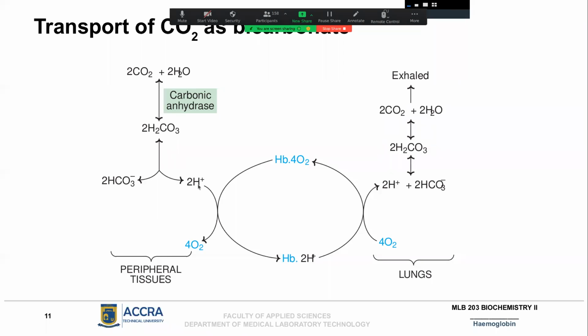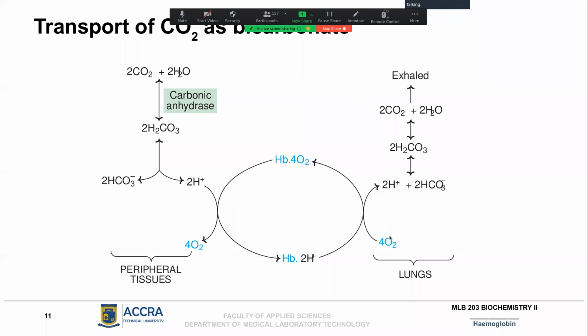Now you see in the lungs that carbon dioxide is being exhaled, and you see a reverse reaction. So this reaction where you have carbon dioxide and water combining to give you carbonic acid, you see the reverse of this happening to give you back the carbon dioxide and water, which is exhaled as carbon dioxide and water vapor.